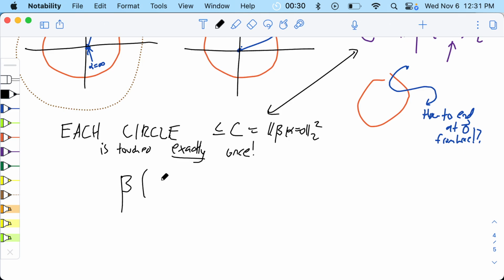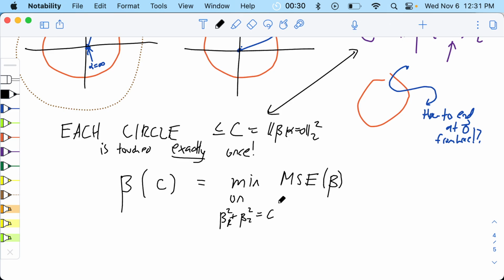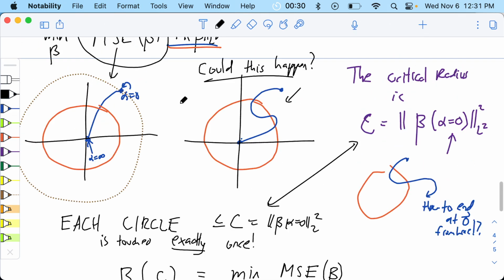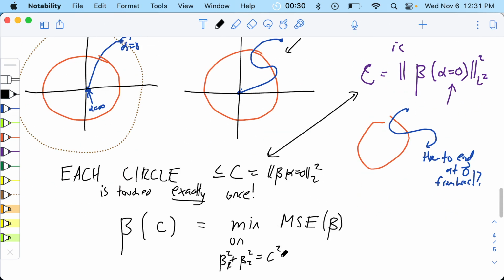You can think of this as a function of the radius c, which is equal to the minimum of the mean squared error of beta on the circle c, on beta 1 squared plus beta 2 squared equals c squared. So not only is it touching the circle, but it's touching the circle wherever the mean squared error is minimized.